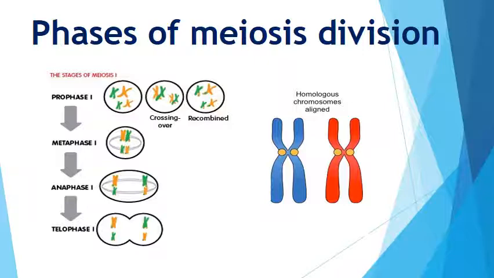Okay, so we know what happens at the beginning of prophase 1 and what happens at the end of prophase 1. Now we will know what's meant by the crossing over phenomenon. We said that crossing over takes place at the end of prophase 1. So please pay attention.